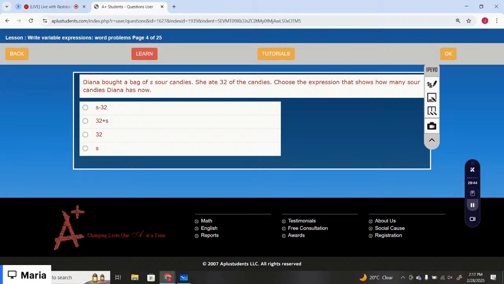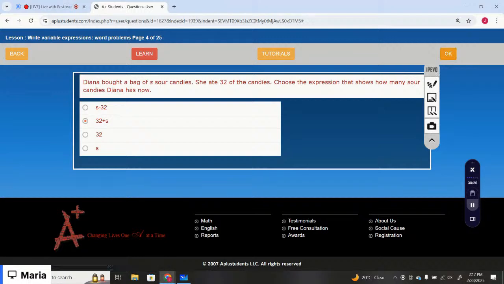Diana bought a bag of s sour candies. She ate 32 of the candies. Choose the expression that shows how many sour candies Diana has now. Oh, that is s minus 32.